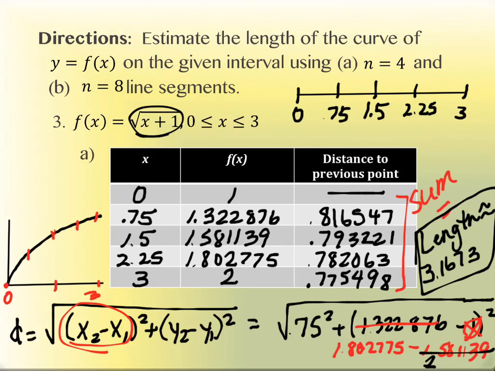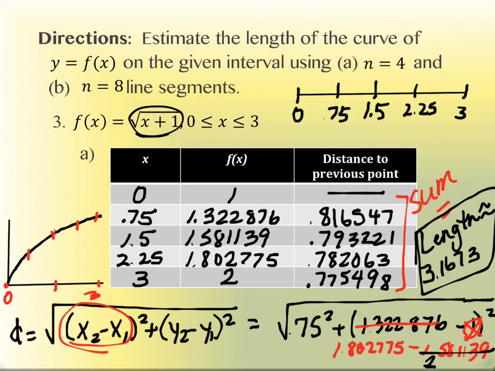And if we do, we get a number to 4 decimal places, because we don't want to lose the accuracy, because those last 2 decimal places are going to have a level of inaccuracy in them, so I stopped at 4 decimal places. So the length of this is approximately 3.1673. Okay, does that make sense to everyone?